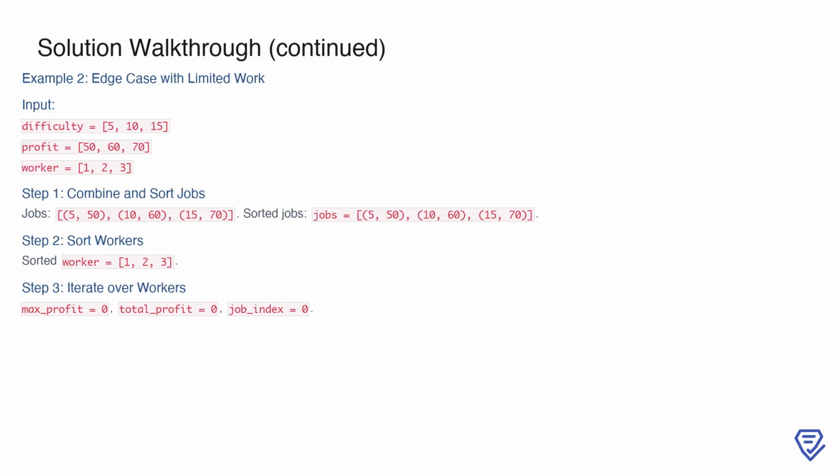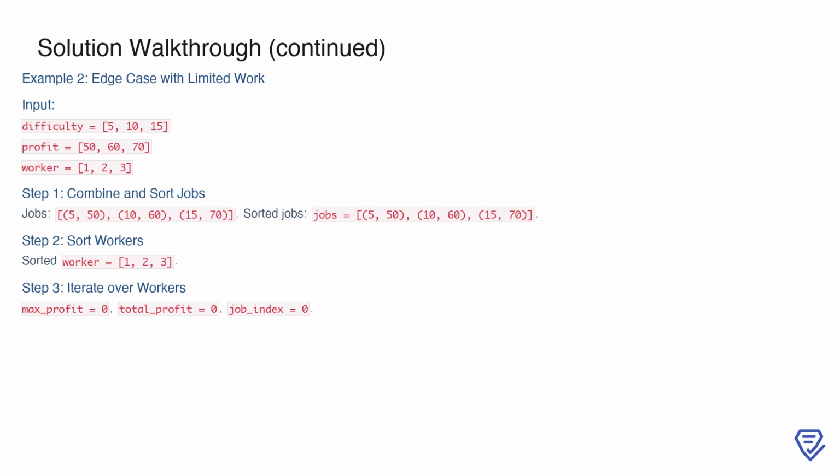Let's examine an edge case where all workers have abilities too low to perform any jobs. The input consists of job difficulties 5, 10, 15, profits 50, 60, 70, and worker abilities 1, 2, 3. First, we combine and sort the jobs based on difficulty, resulting in 5, 50, 10, 60, 15, 70.